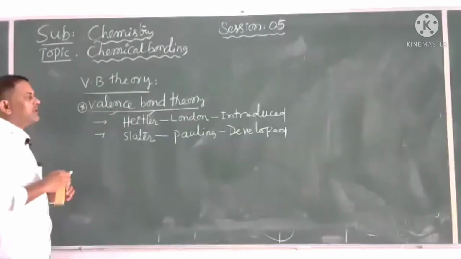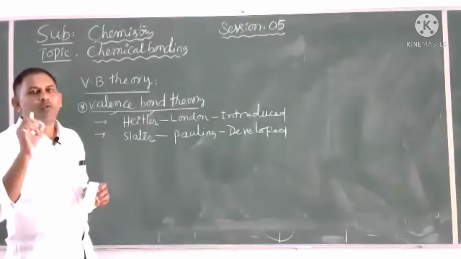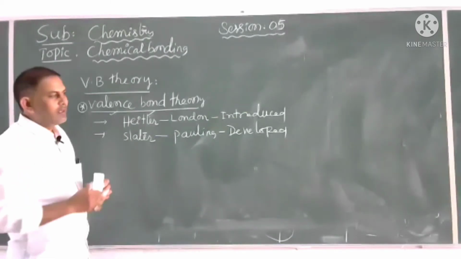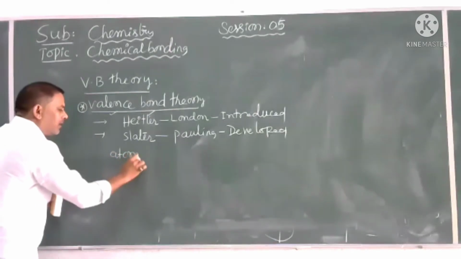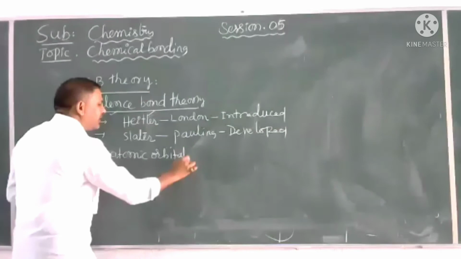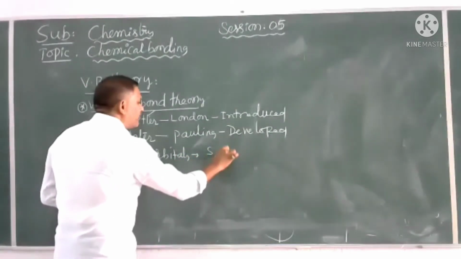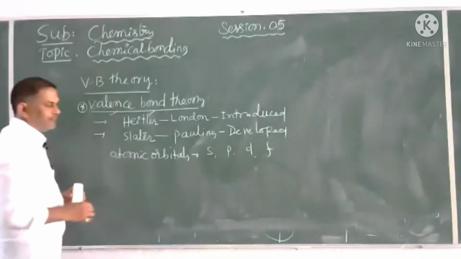Generally, in valency bond theory, valency atomic orbitals overlap. Here atomic orbitals means your s orbital, p orbital, d orbital, f orbital.